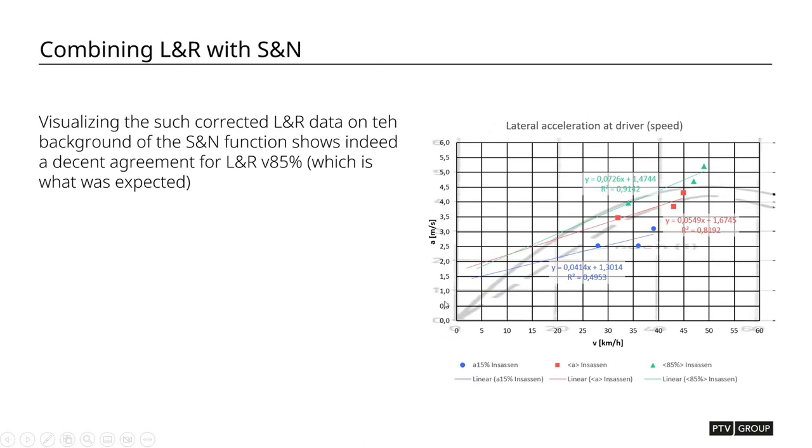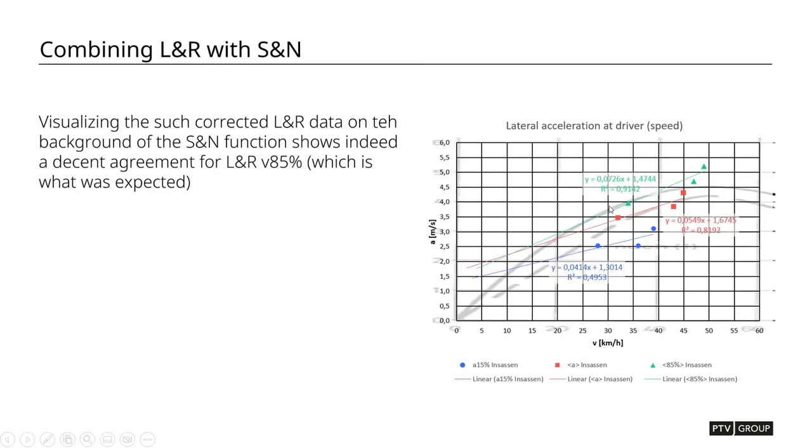And now having that, we can compare this slightly modified Lindenmann and Ranft data with Schimmelpfennig and Nackenhorst, and we see that in fact for this speed range, 20 kilometers per hour up to 40, 45, it matches relatively well with the Lindenmann and Ranft.